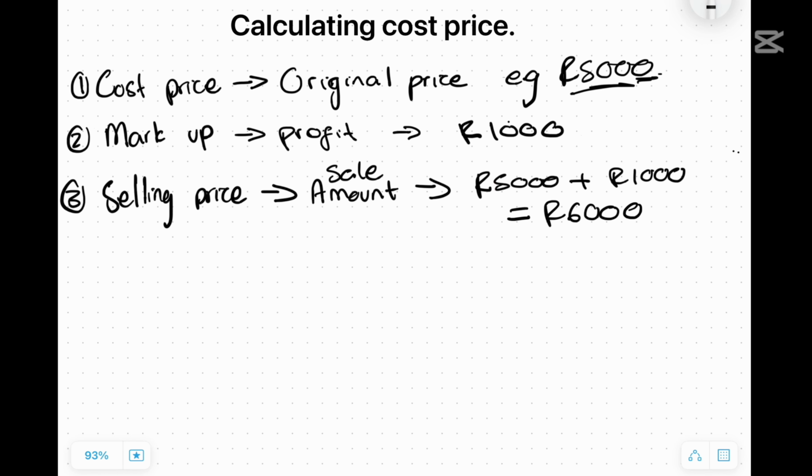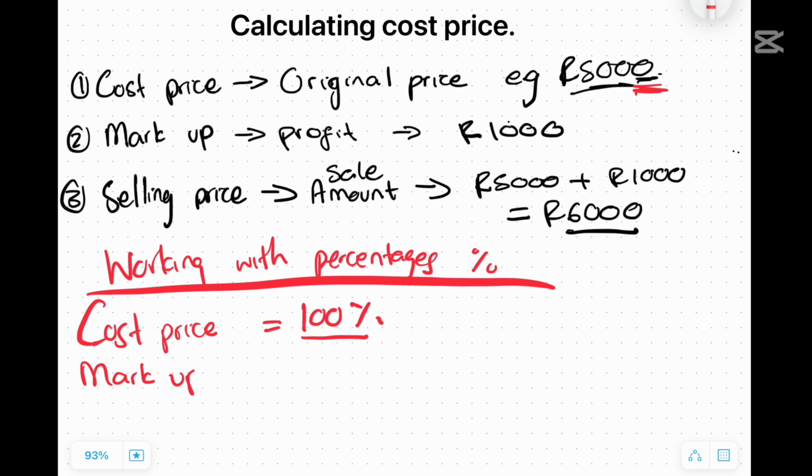With your markup, remember each business decides on their markup, so the markup will be given to you. One business might decide, I want to add 50% to my cost price. Another business might say, I want to add 45%. So the markup will be given to you every single time.